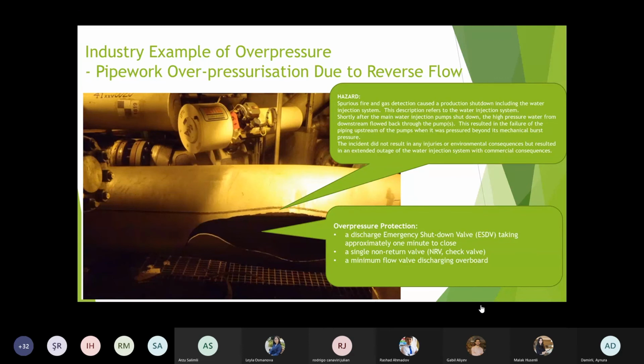As it is a water system, not a non-hydrocarbon system, in some cases we try to put a lower risk. Even though it affects shutdown, it's not a full platform shutdown or terminal shutdown. It's just the fire water system.